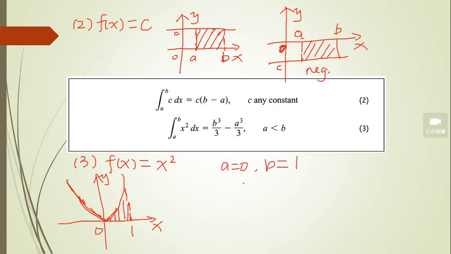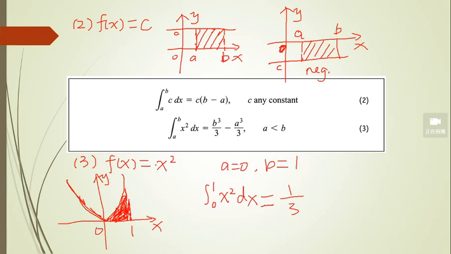So the area of this region can be represented as the integral from 0 to 1 of f(x) dx. How can we get the answer? This is the case when b is 1, cubed is 1/3, minus when a is 0, this term becomes 0, so 1/3. The area of this region gives 1/3, and we already proved before, right?